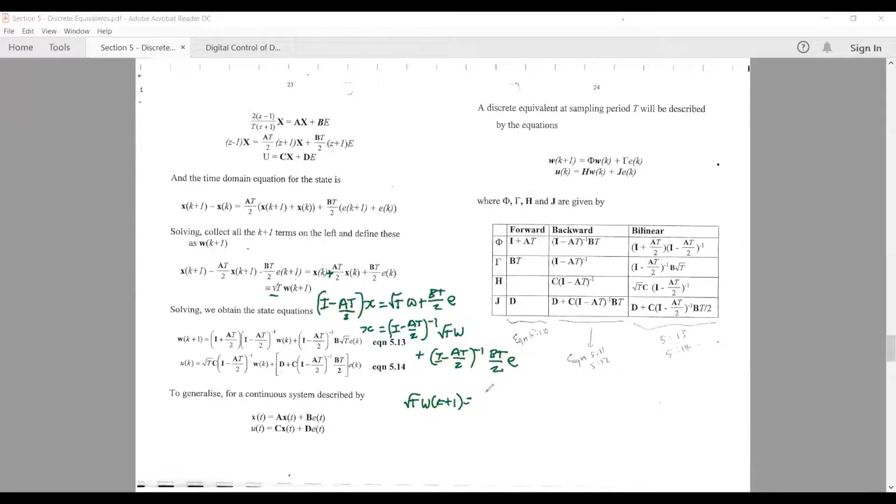So that will be I plus AT over 2 times x of k plus BT over 2 times e of k.